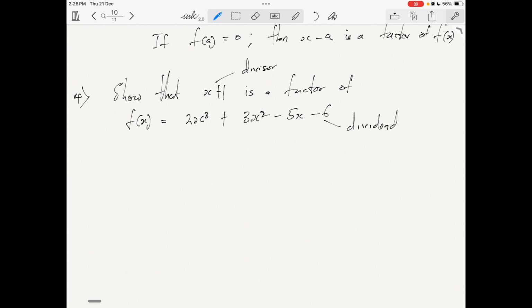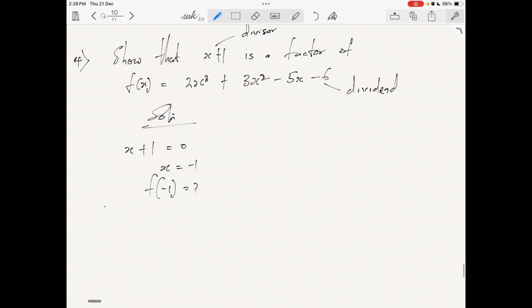Now we want to apply the factor theorem. We know that x plus 1 is equal to 0, so our x is equal to minus 1. So we have to evaluate f of minus 1 as the remainder.